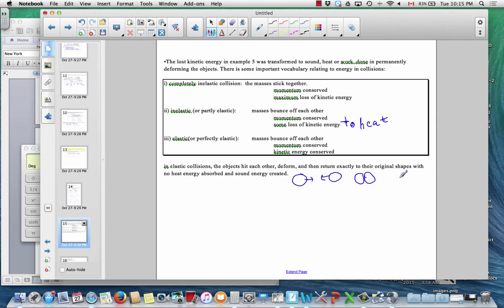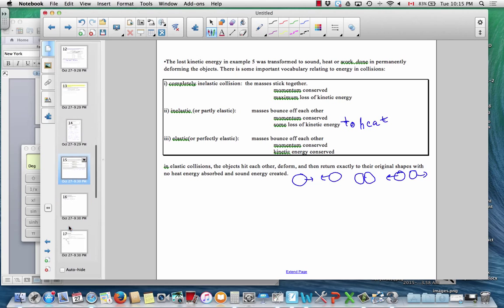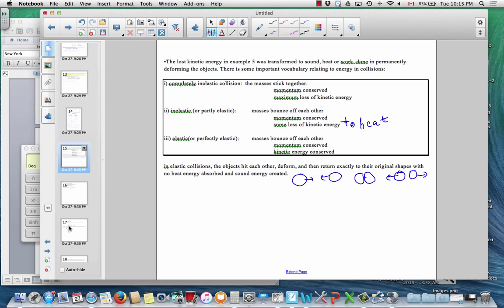But in the idealized case, these objects would have to deform, and then they'd have to bounce back to their original shape, with no heating associated with that. Those molecules would have to slide past each other with no internal friction occurring.